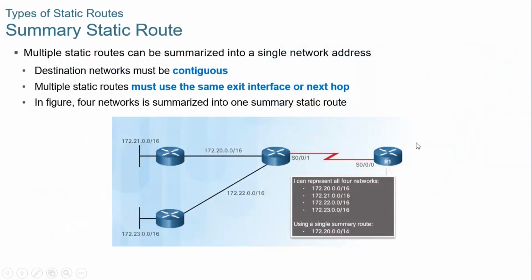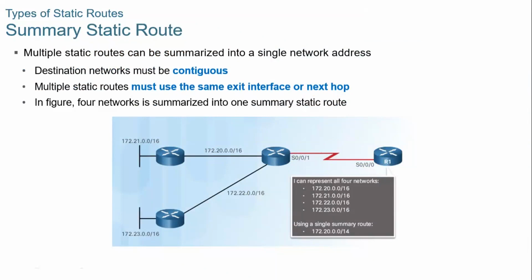A summary static route is basically where you summarize all the information into 1 or 2 lines. For example, here in R1, if you were to create static routes for remote networks, this is remote, this is remote, this is remote, this is remote. There are 4, so there'll be 4 lines of static routes in the routing table.